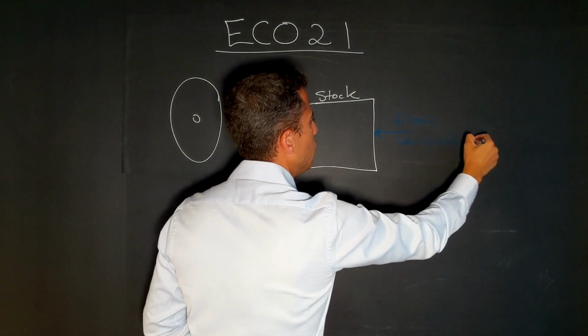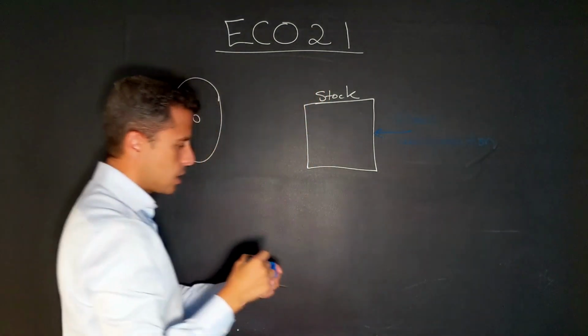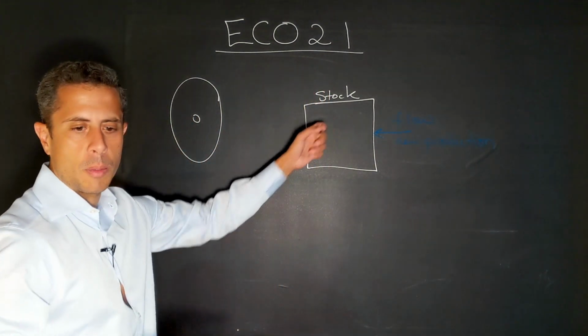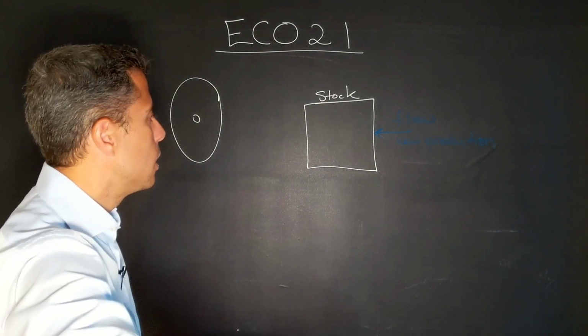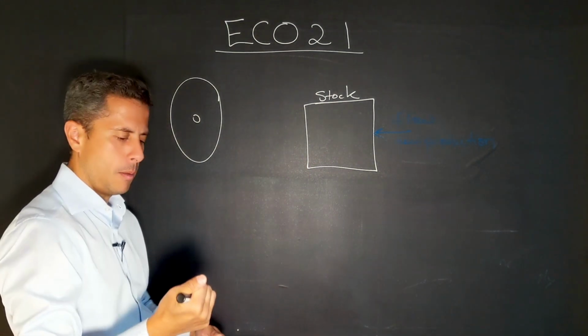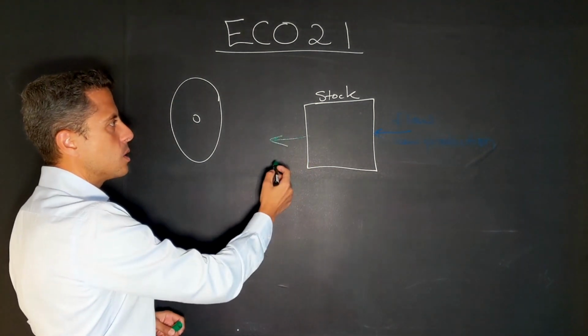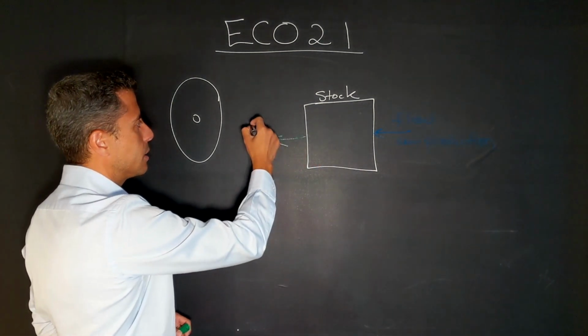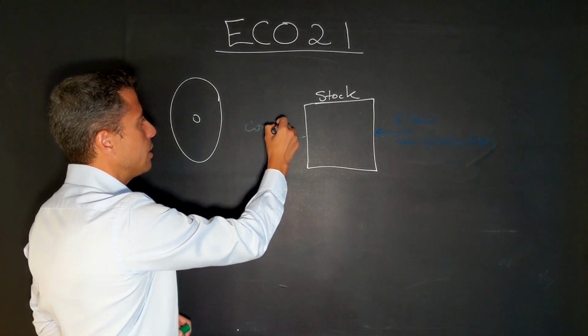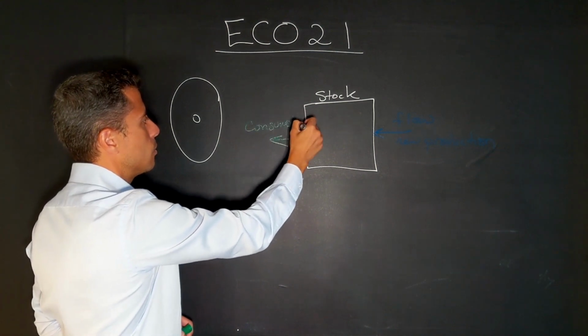So every year we have new production that is being added to the existing stockpile. The existing stockpile is the sum of all of the production that we have done over all of the many years. And then what is lost from the stockpile every year is the consumption. Every year something gets consumed.